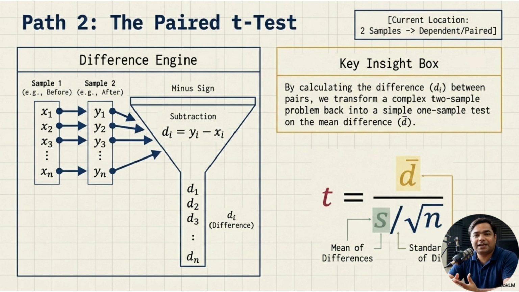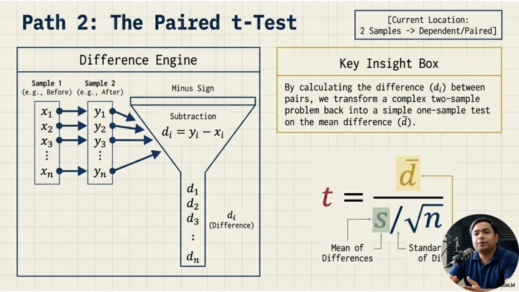We are no longer directly analyzing the original two columns. We are analyzing the mean of the differences. The formula shown on the slide is t equals mean difference divided by the standard error of the differences. The mean difference is represented by d bar. The standard deviation of differences is represented by s. The sample size is n.